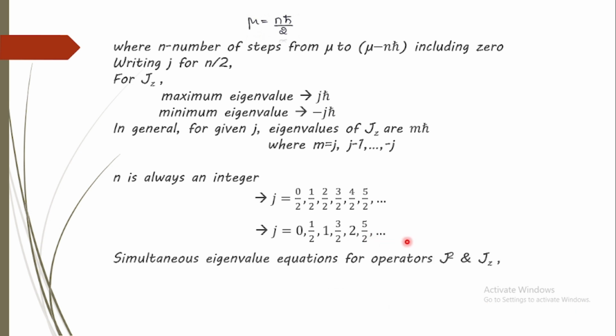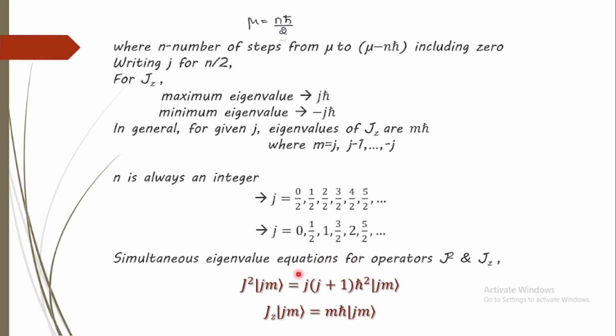And thus we get the simultaneous eigenvalue equations for operators j square and jz as j square ket jm is equal to j into j plus 1 h cross square into ket jm, and jz into ket jm is equal to m h cross into ket jm.